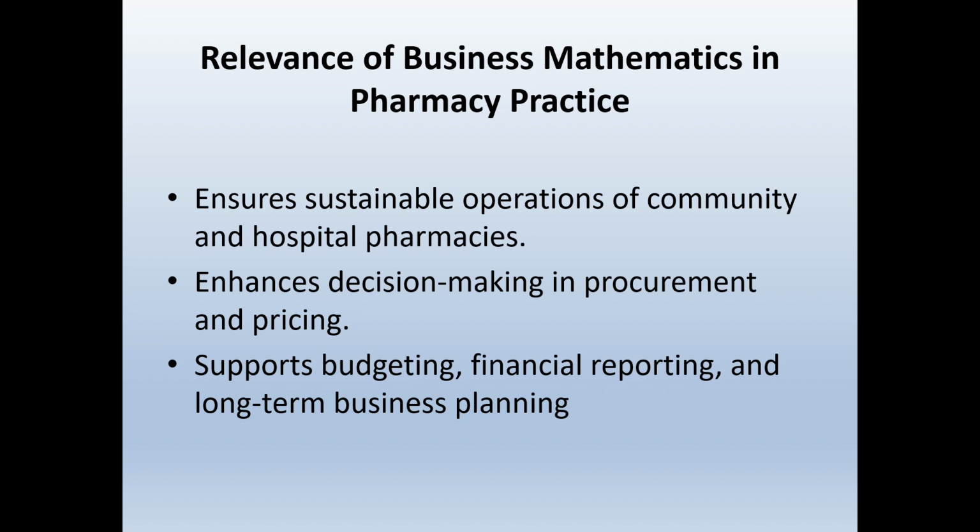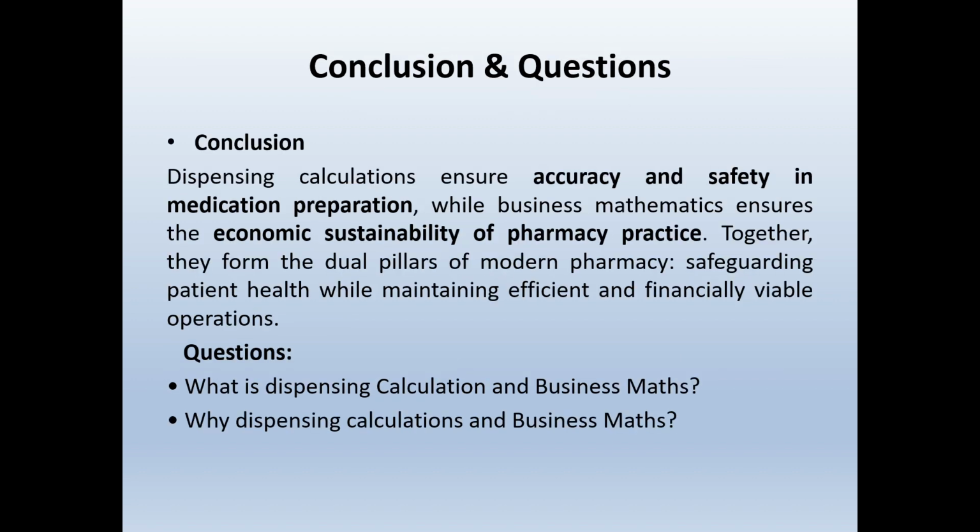Now, dispensing calculation ensures accuracy and safety in medication preparation, while business mathematics ensures the economic sustainability of pharmacy practice. Together, they form the dual pillars of modern pharmacy, safeguarding patients' health while maintaining efficient and financially viable operation.